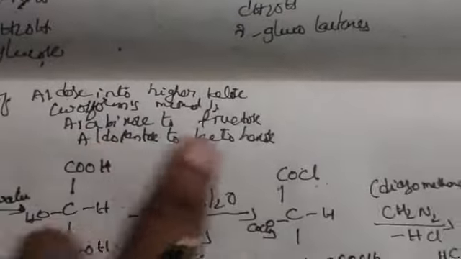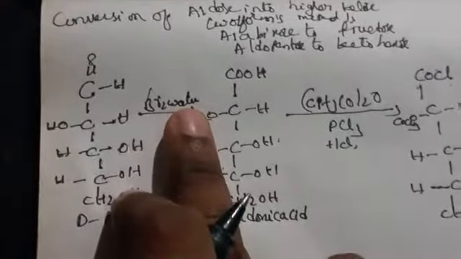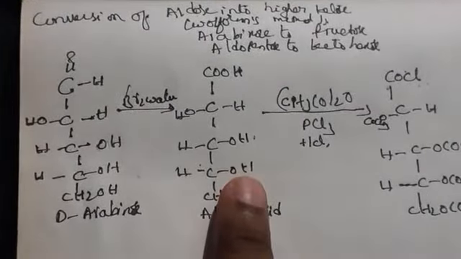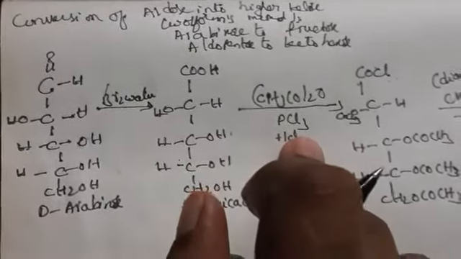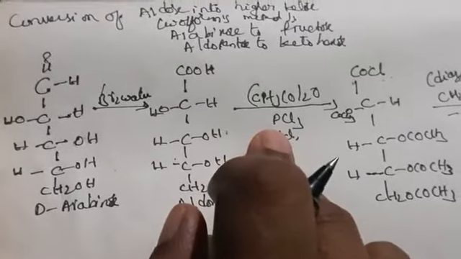If you have observed, what I have told you in the question, arabinose to fructose. So arabinose to fructose. Now see here, first what we are taking here, arabinose. When we add Br2 water, it is forming aldonic acid. Okay, acid is formed. When we are treating with acetic anhydride in the presence of PCl3, there will be a loss of HCl and PO2 will be lost.